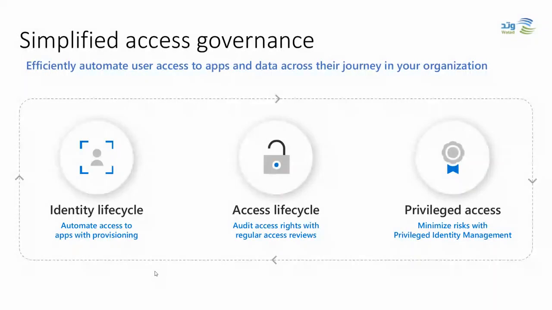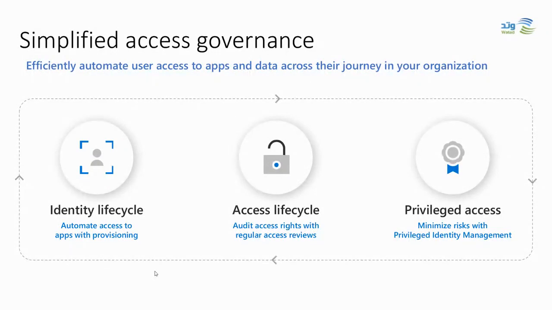And as I've mentioned, what we have is this very nice life cycle and access governance. So we start with, we can automate access to apps with provisioning. So we give users their application that allows them access to different applications. But then once we've given users their identities and we can force authentication, there's various things we can do with those accounts. So during the life of that account, we can provide access reviews.